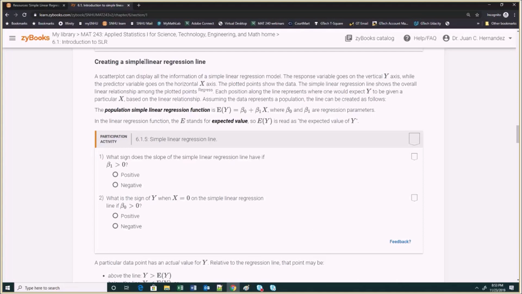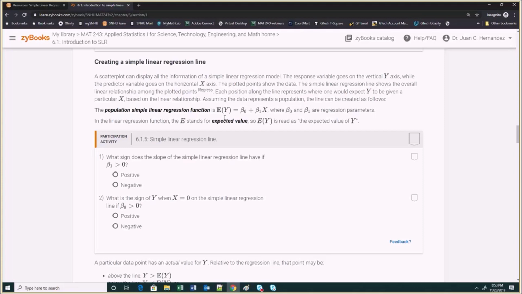As we saw in the first example, a simple linear regression line will be a straight line, as we know that the straight line can be represented in this form. This is the form of a simple linear regression line, where we call E the expected value of y.